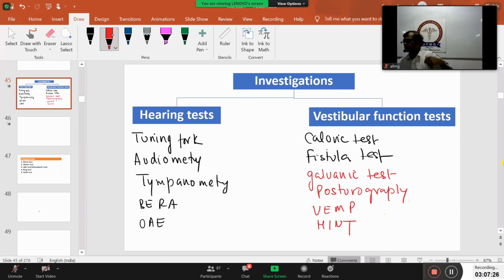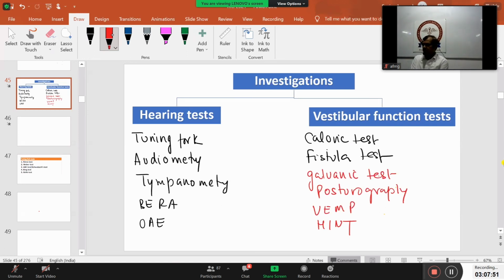These are the other vestibular function tests, the red ones. There are many more. The list is very long. We shall discuss the ones that we have written in black.